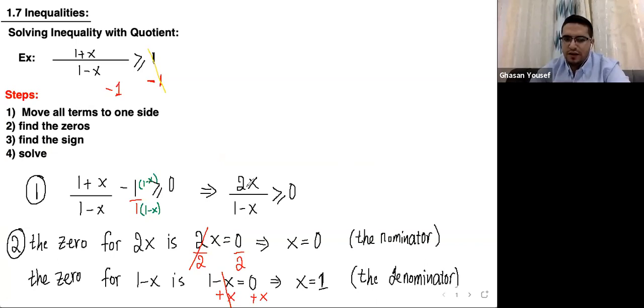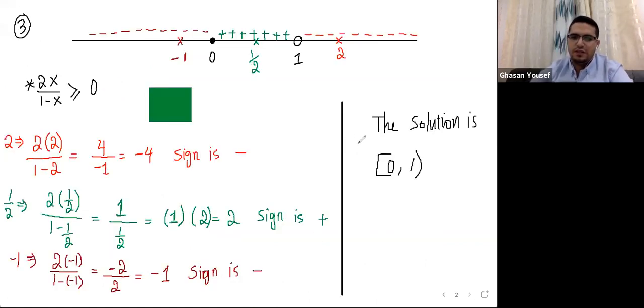If we plug in 1 here, I get 2 times 1 is 2 over 0, and 2 over 0 is undefined. Yes, the denominator is always outside, exactly. So the denominator zeros are always outside? Yes, always outside, because the denominator cannot be 0. Okay, any question?